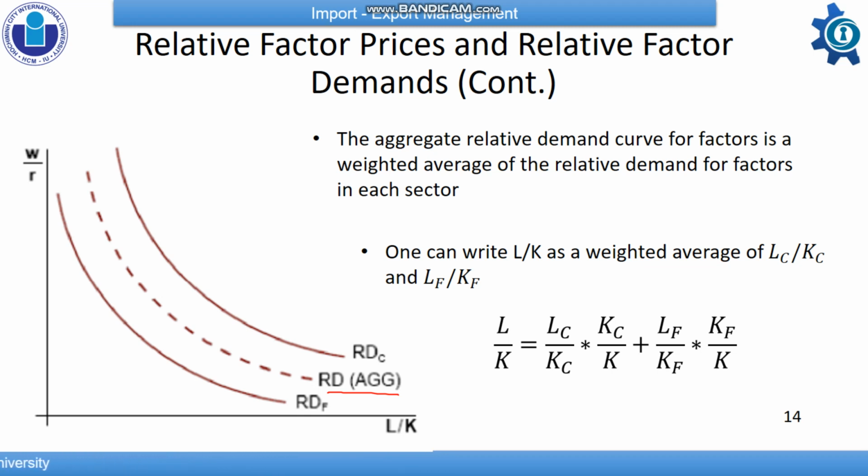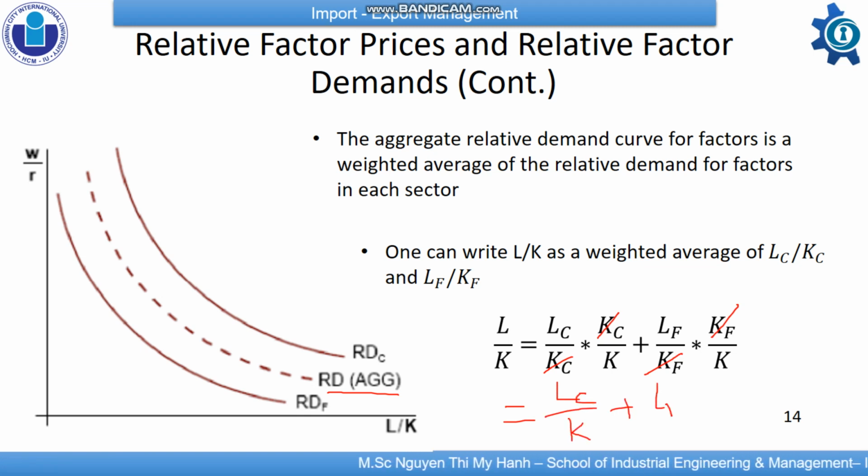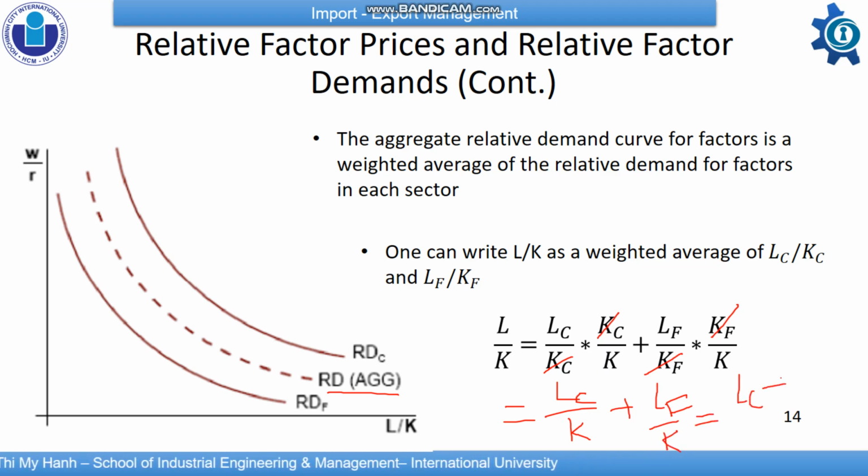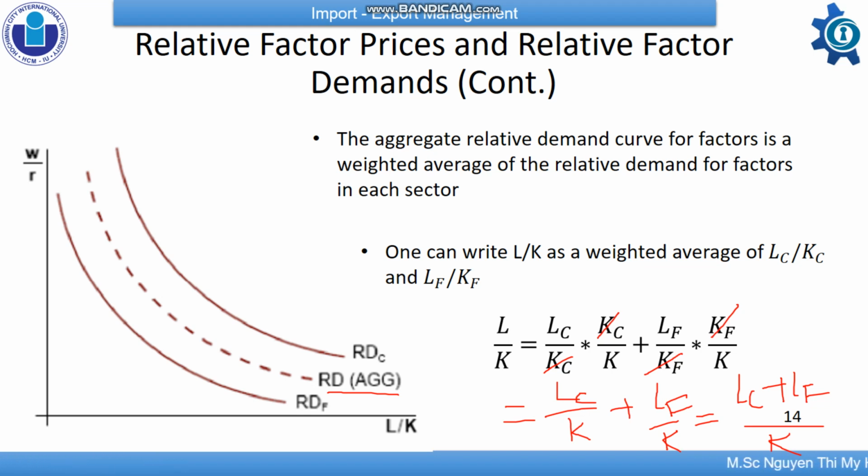So here we have the relative demand for labor to capital, which equals, from here first we eliminate this and this, LC divided by K plus LF divided by K. So we have LC plus LF divided by K, and it is equal to L divided by K, right?